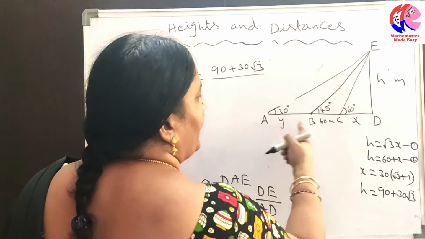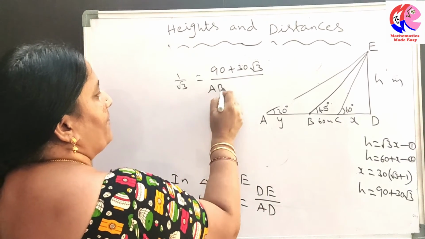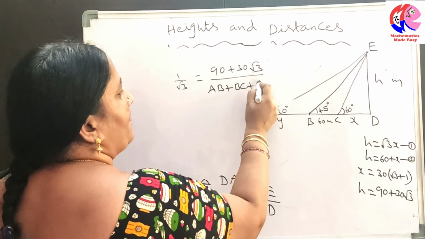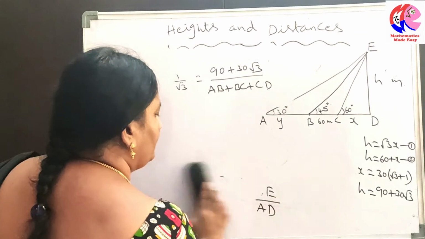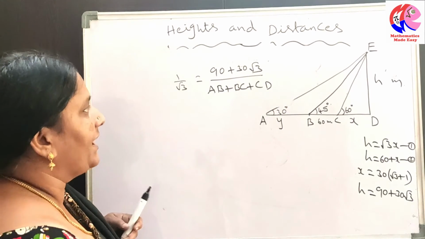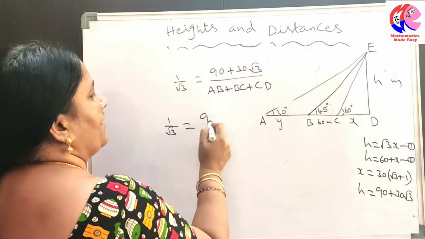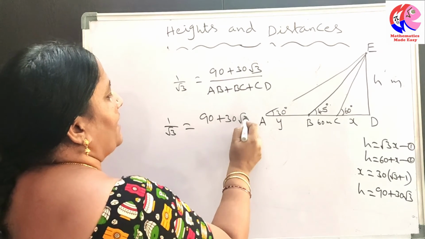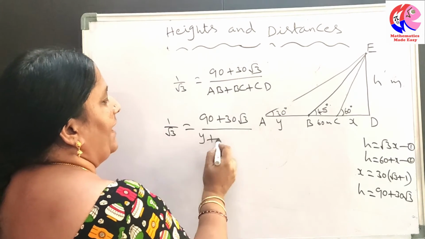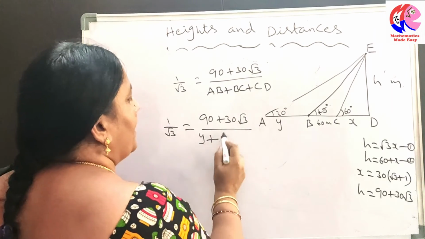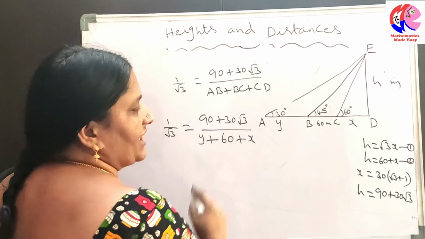AD is AB plus BC plus CD. Then 1 by root 3 equal to 90 plus 30 root 3 by AB measure, which we have taken as y, plus BC is 60, plus CD measure is x.